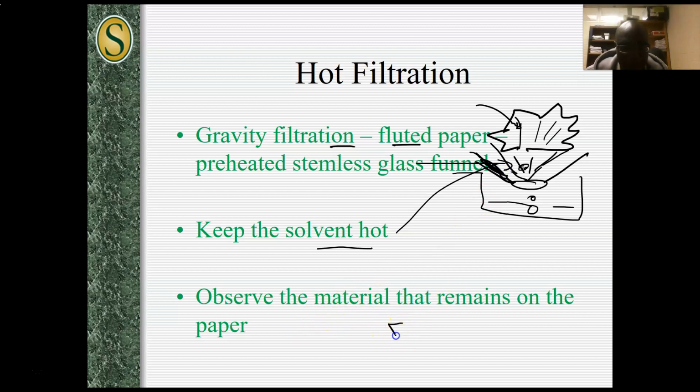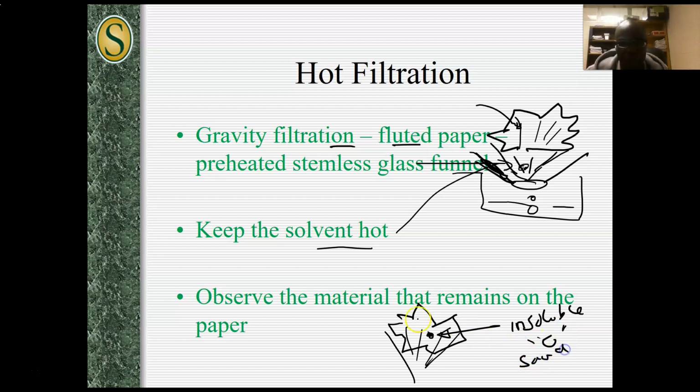You're going to see black residue on the fluted filter paper. What's the black residue? It's obviously insoluble carbon. It's going to be trapped there, and any sand will be trapped during hot gravity filtration. So hot gravity filtration helps to remove the black residue. I've repeated myself so much about that.